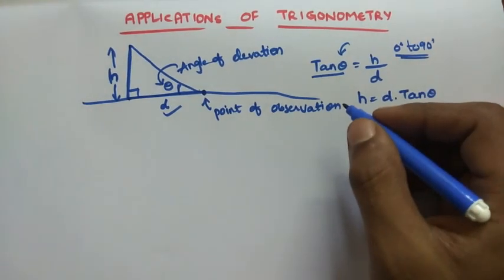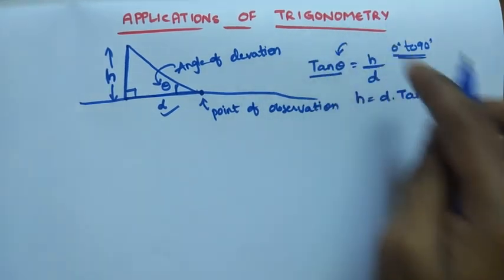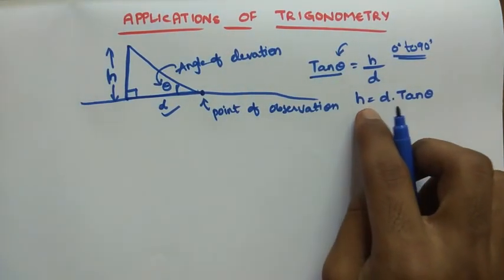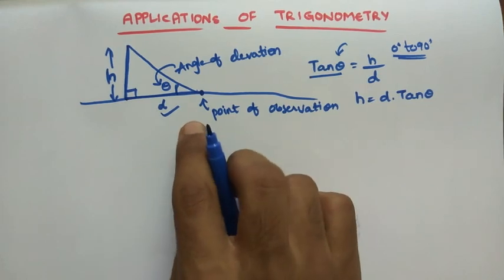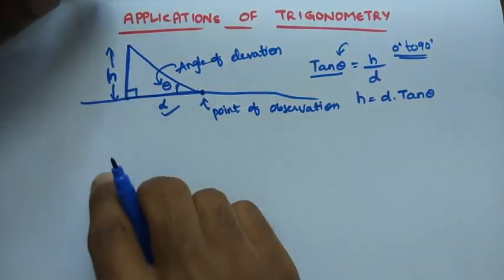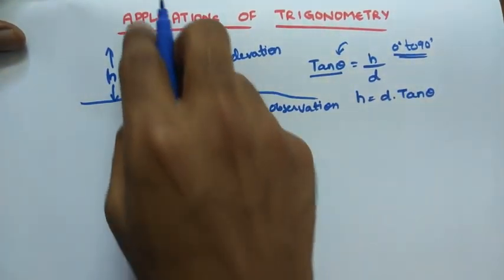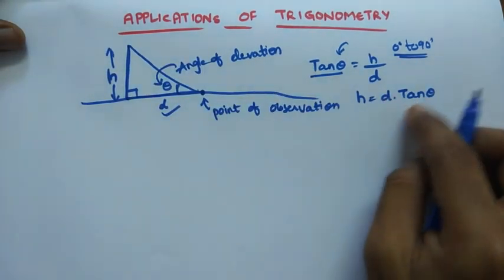So without directly measuring its height, we used trigonometry to calculate its height in an easier way. If this height is very large, then it will become difficult to measure the whole height. So we can use trigonometry.